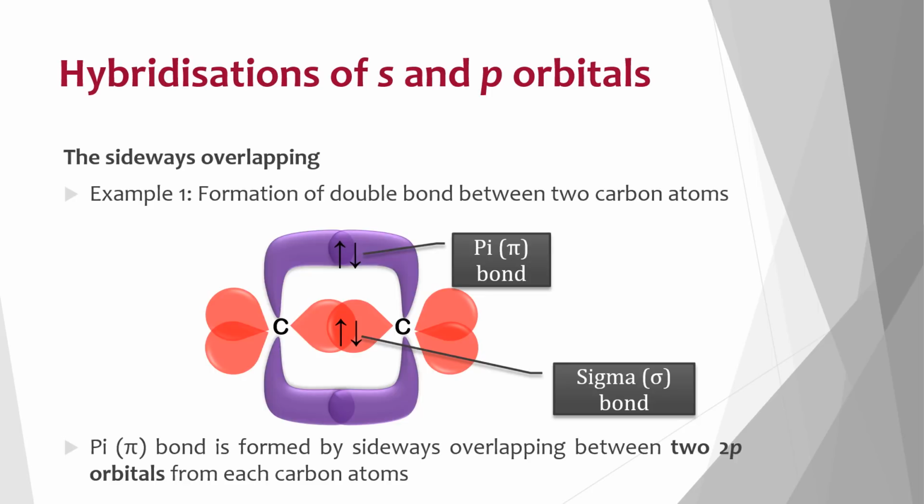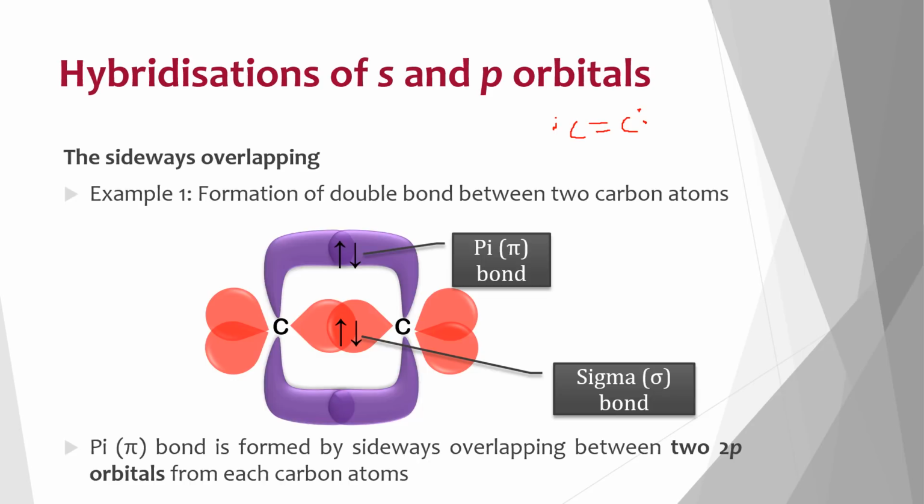For the sideways overlapping, it involves the overlapping of a pi bond. So a pi bond comes from a double bond. For example, the formation of a double bond between two carbon atoms. So two carbon atoms will form a double bond between each other, and each will have one lone pair, so it can become an octet.